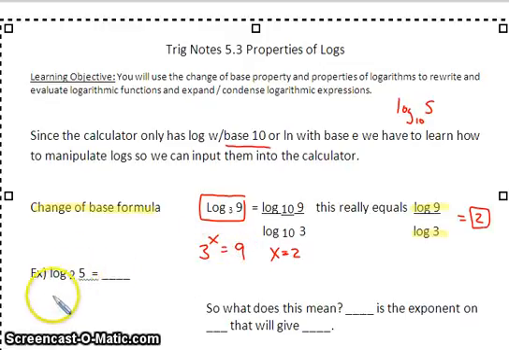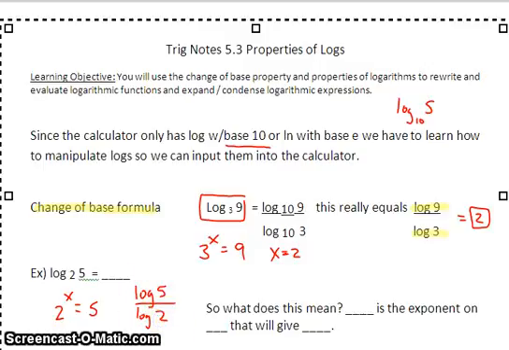So here's an example of it. If I write this in exponent form, I would say 2 raised to what power is going to give me 5? Well, I know it's going to be 2 point something, because 2 raised to the second power is 4, but 2 raised to the third power is going to give me an 8. So to figure it out, I'm going to have to use the calculator. In the calculator, I would take log of 5 and divide it by log of 2.